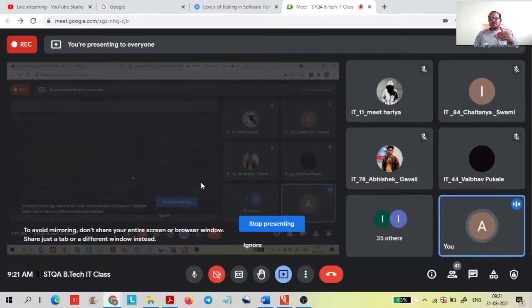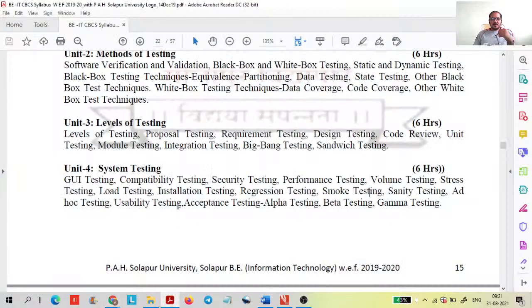Even in each there are different types of testing, like unit testing, integration testing. Again, there are different types, like big bang testing that comes under integration testing, top to bottom testing and bottom to up testing.